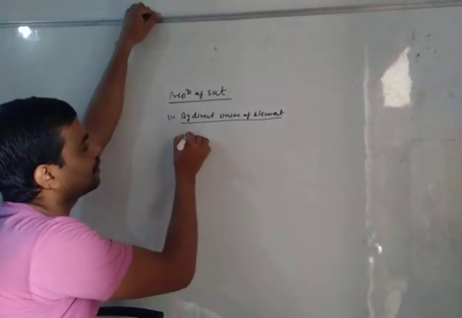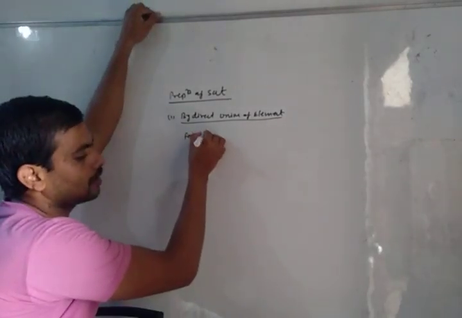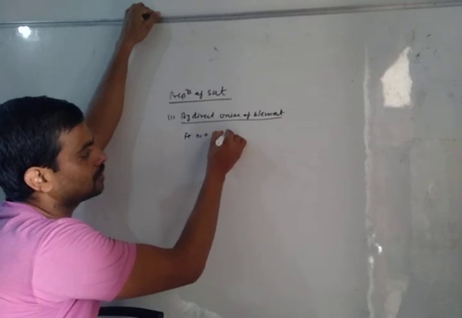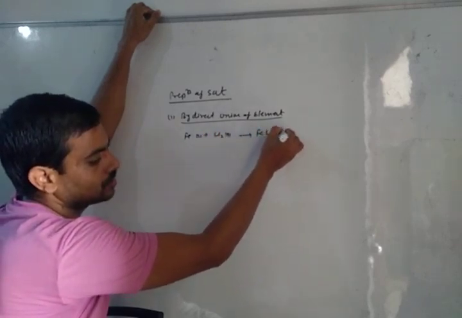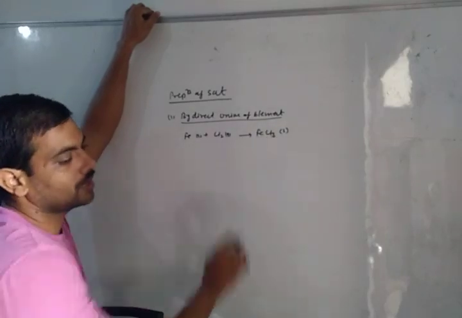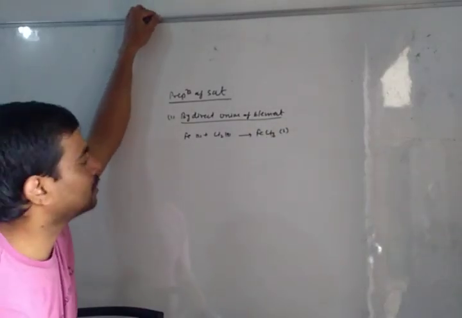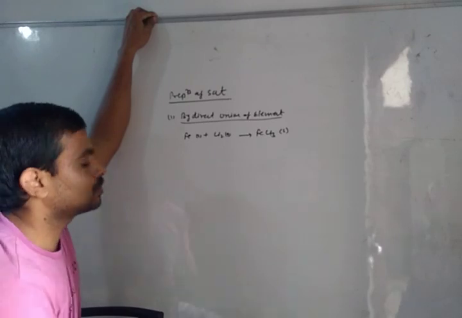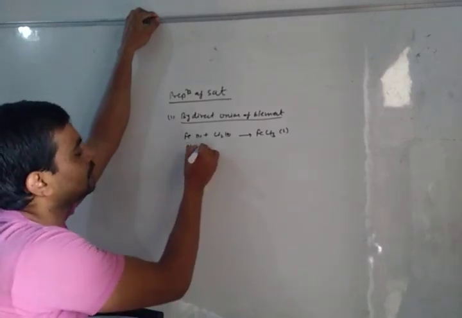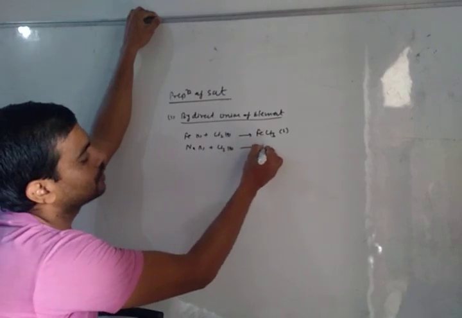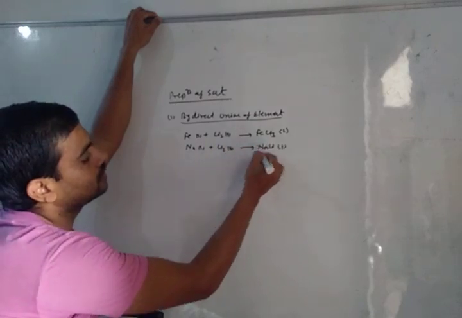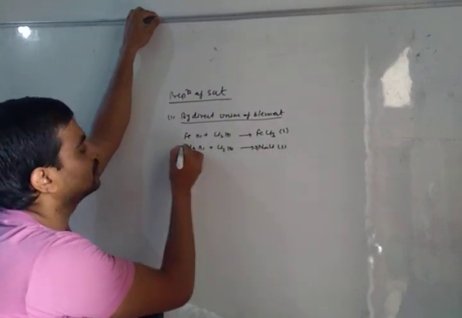If Fe, iron solid, combines with Cl2 gas, it forms FeCl3 solid. This becomes ferric chloride salt. In the same way, if sodium metal Na solid reacts with Cl2 gas, it forms NaCl solid.